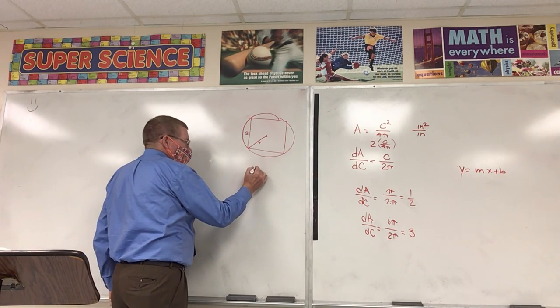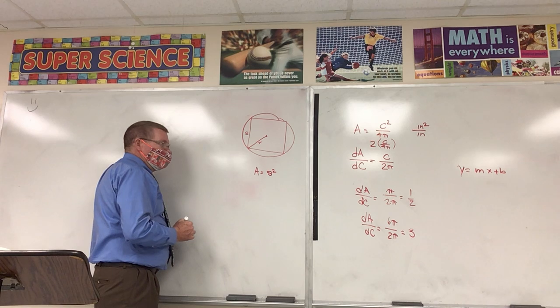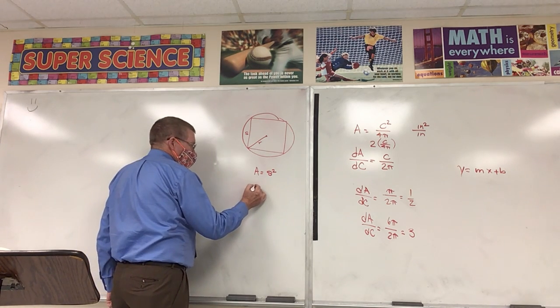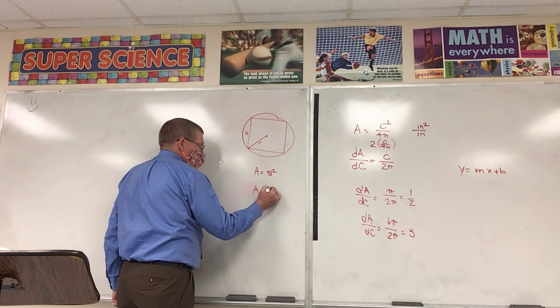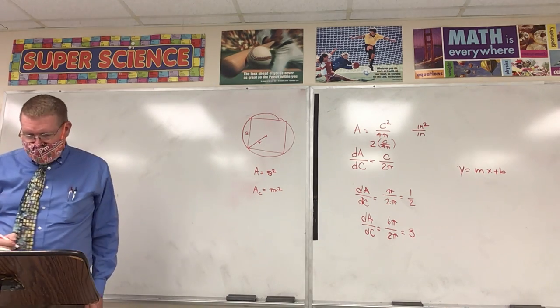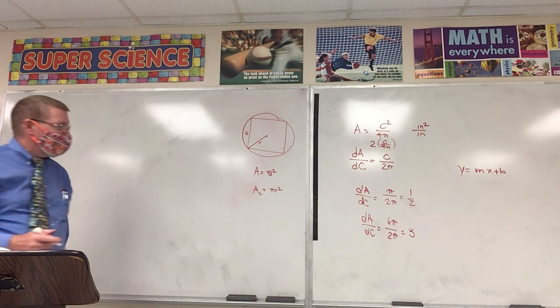Number 4. Write the area of a square as a function of the radius r of the circle.